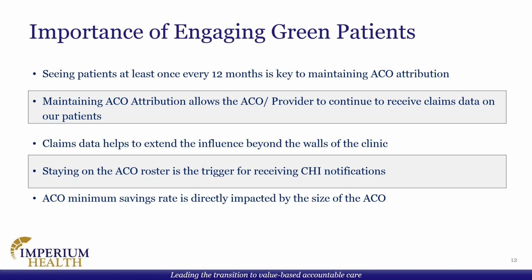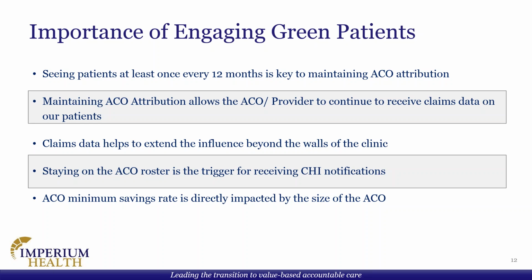One of the best ways to do that is to try and make sure that we're seeing our patients at least once every 12 months. That one visit might be all it takes to ensure that the patient stays attributed to the ACO. And again, the more patients we have attributed to the ACO, it makes it easier to ensure that a Medicare Shared Savings ACO patient is just a traditional Medicare patient, or a traditional Medicare patient is just a Medicare Shared Savings ACO patient.